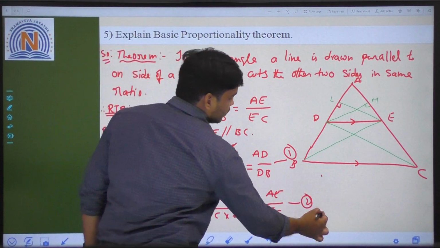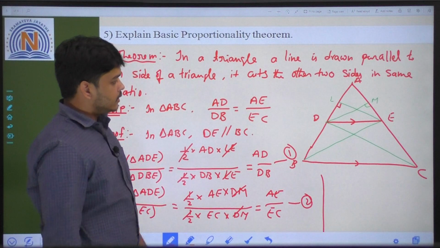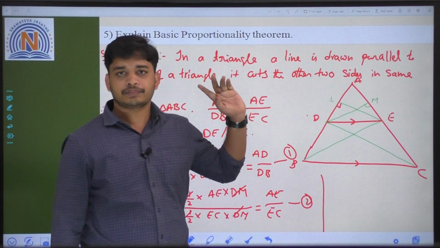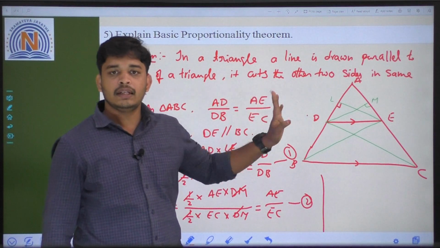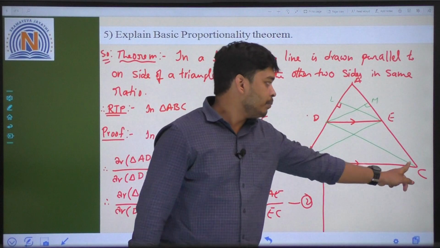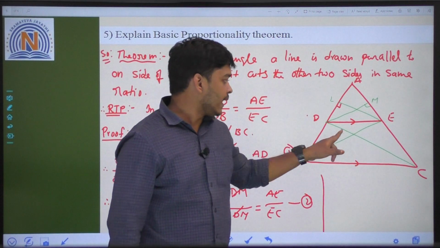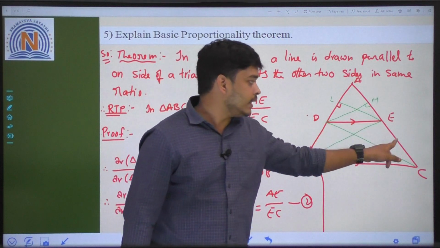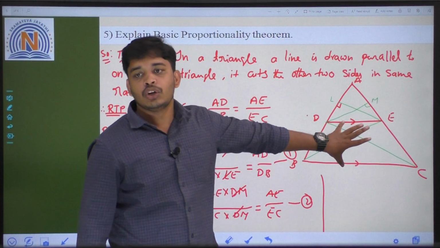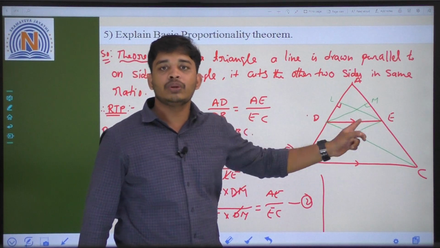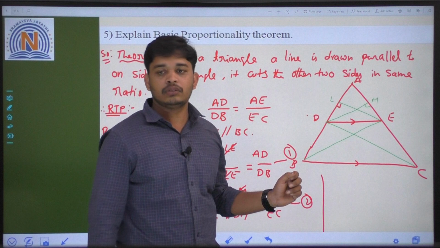If you observe, BCED is a trapezium, since DE is parallel to BC, and triangle DEB and triangle DEC are lying between the two parallel lines on the same base, so those two areas are equal.